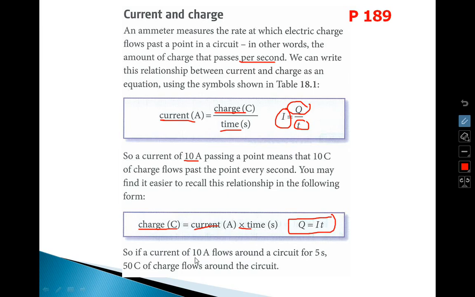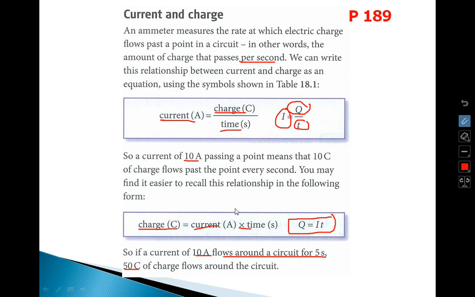If a current of 10 ampere flows around the circuit for, for example, 5 seconds, there will be 50 coulombs of charge flowing around the circuit.